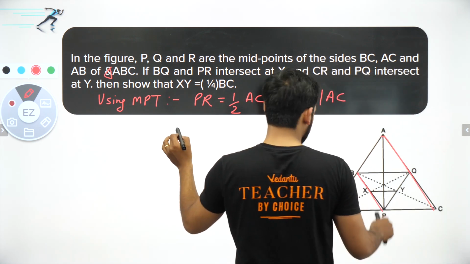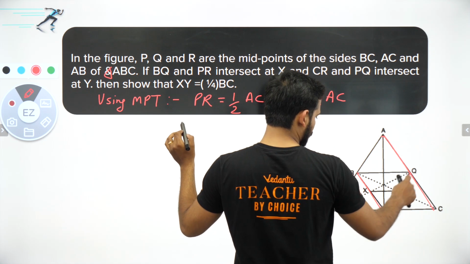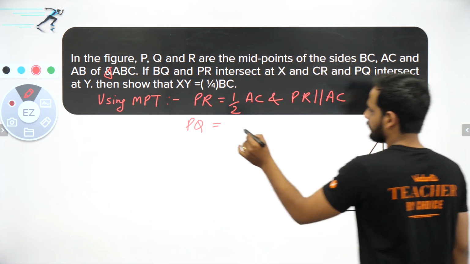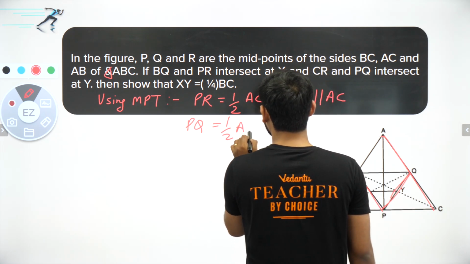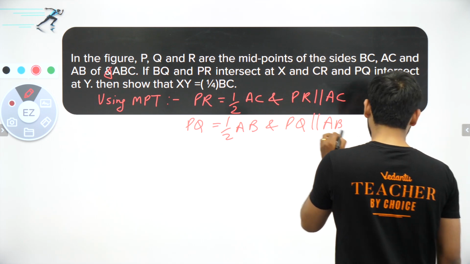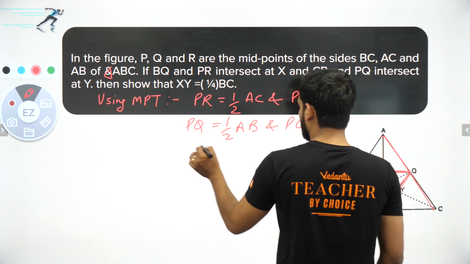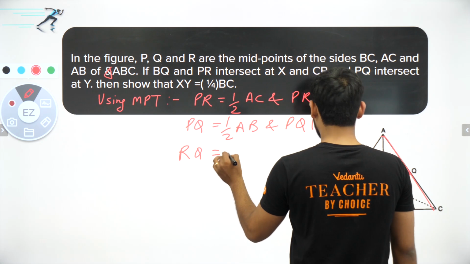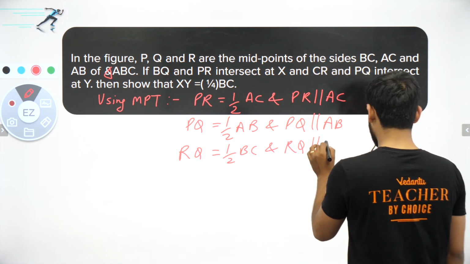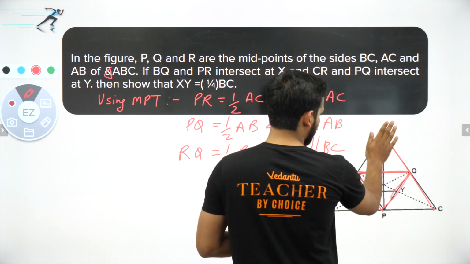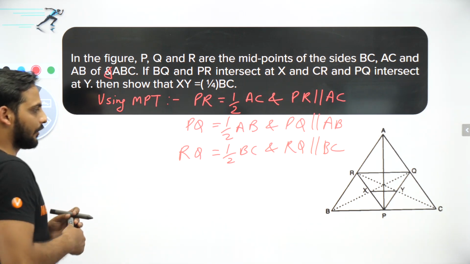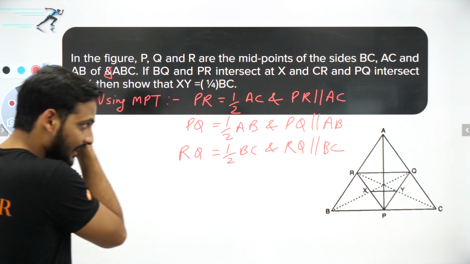Second, PQ is equal to half of AB and PQ is parallel to AB. And third, RQ is half of BC and RQ is parallel to BC. These are the 3 relations we have got using MPT, because they have given them as midpoints.